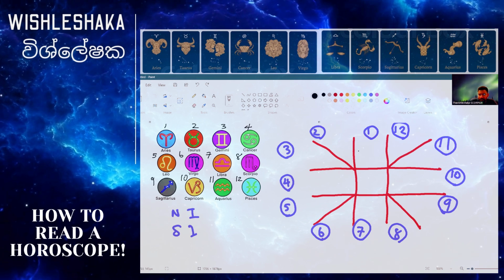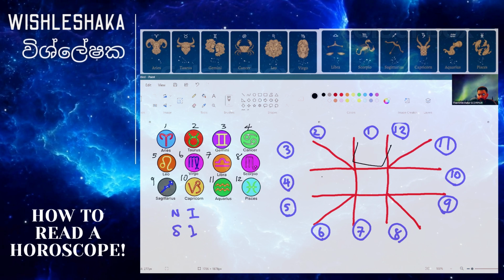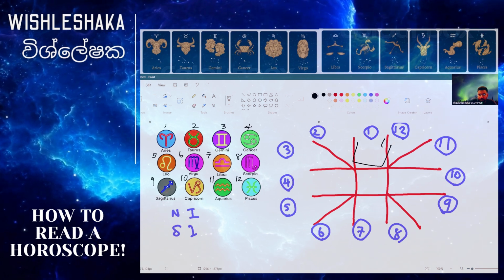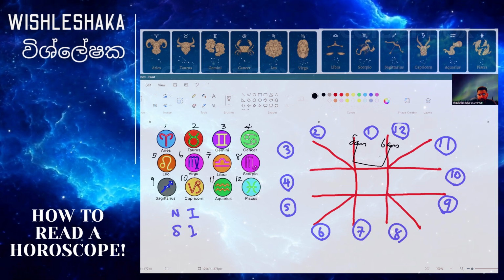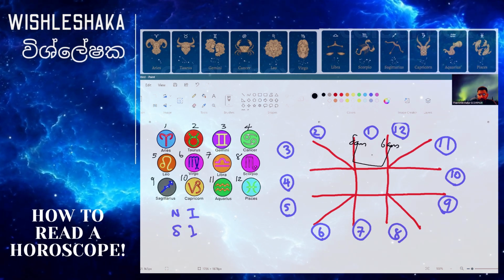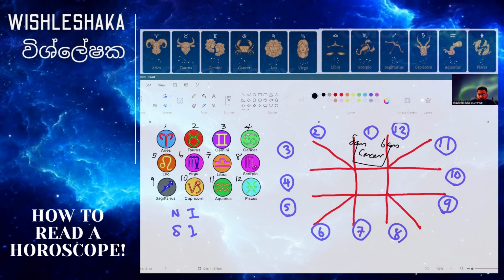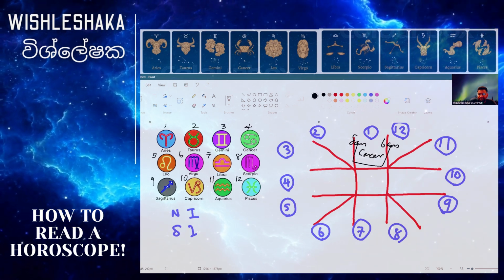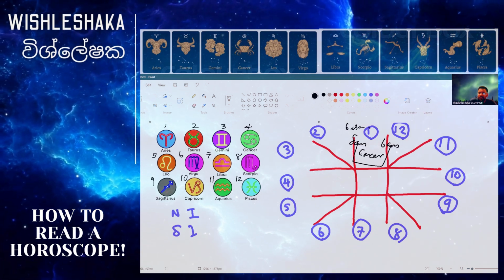And this 30 degrees, when you are born. Let's say some individual is born from 6 a.m. to 8 a.m., and in that period Cancer ascendant occurs. So if that person is born at 6:15 a.m., he or she is a Cancer ascendant.